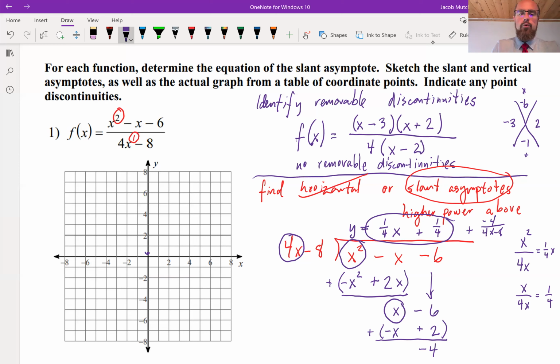Notice I'm going from quarter to quarter since I'm not starting at an integer. And then I'm going to head to the right 4. So 1, 2, 3, 4. I could repeat that just to get several points, and I'm going to dash that in. That's my slant or oblique asymptote. And then we can reverse that as well.